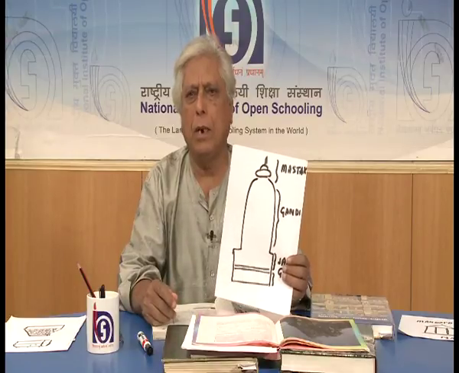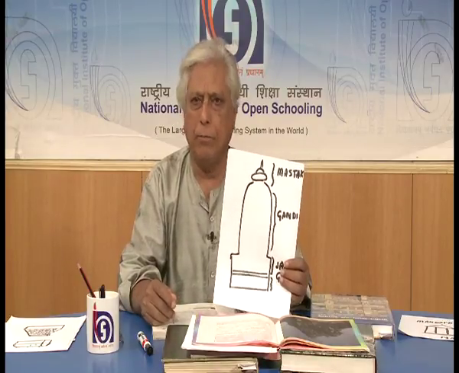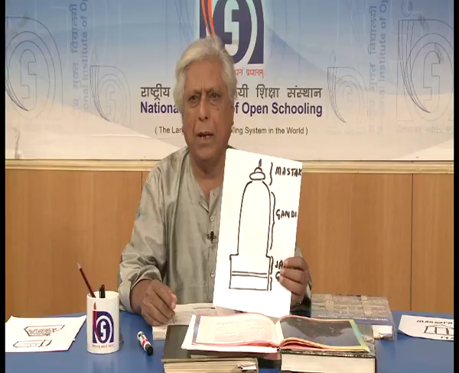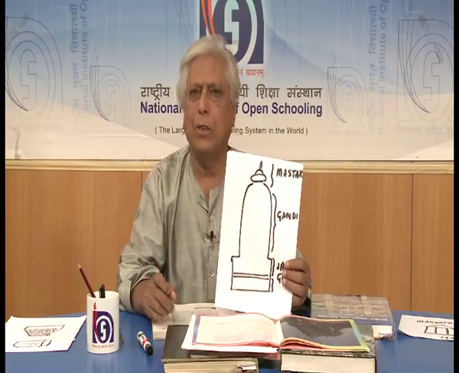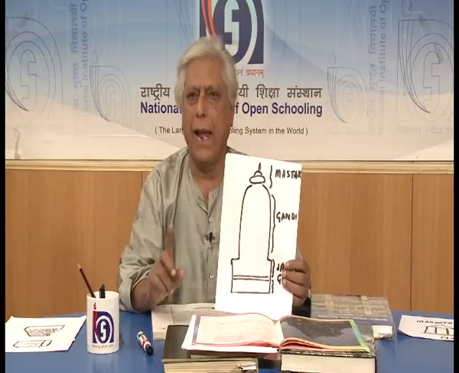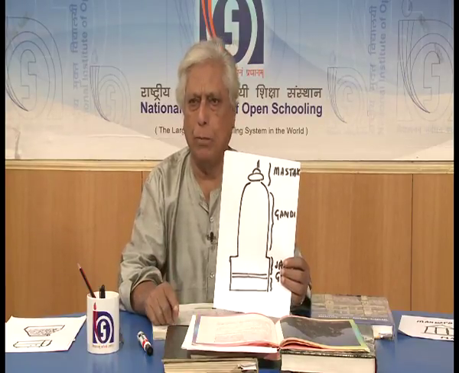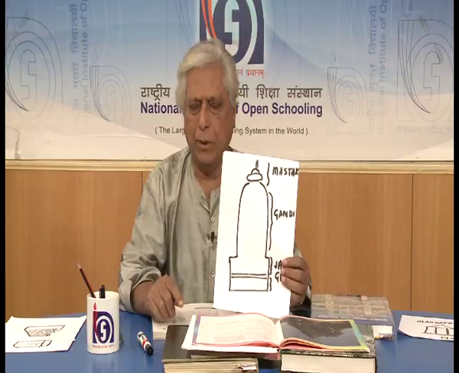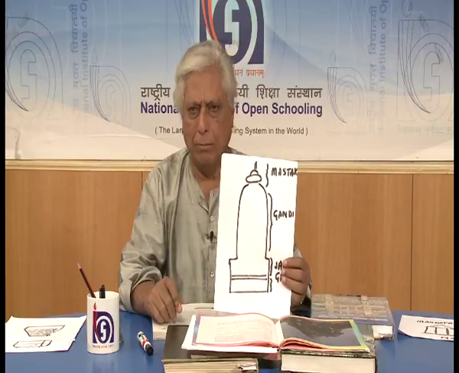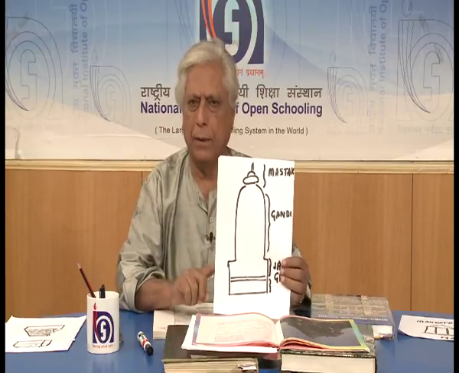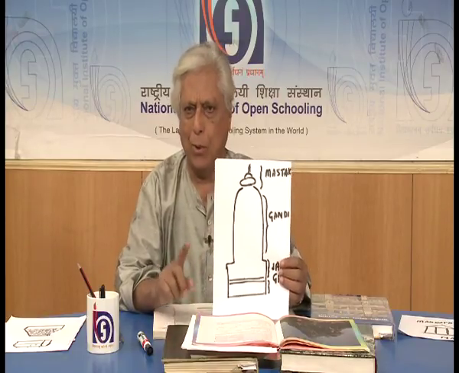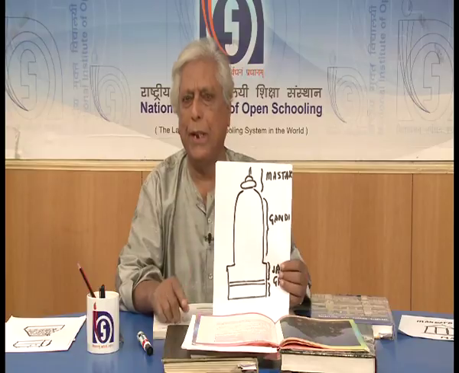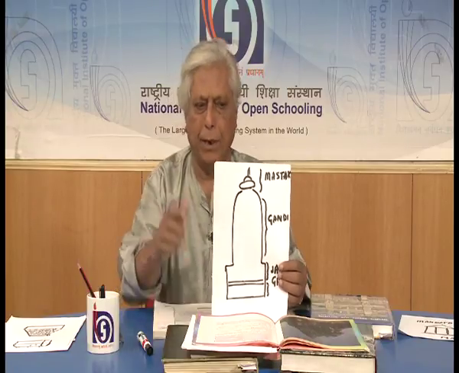Odishan Nagara style of architecture always makes a resemblance with the human figure. As the human figure has a head, a torso and legs, in the same way they imagine that the temple structure also has these three components of the human body.